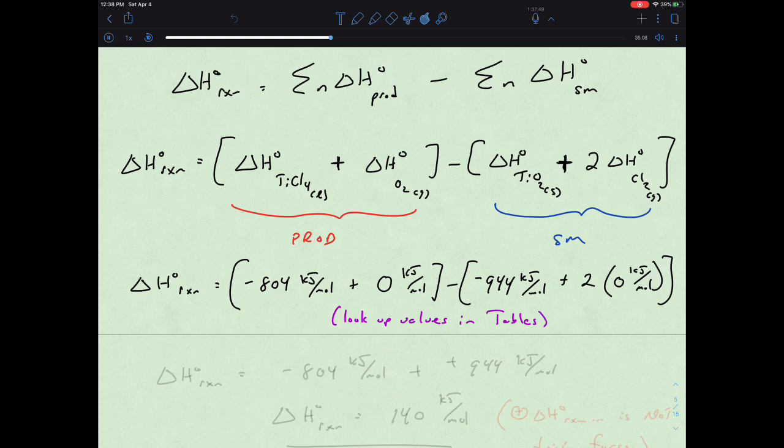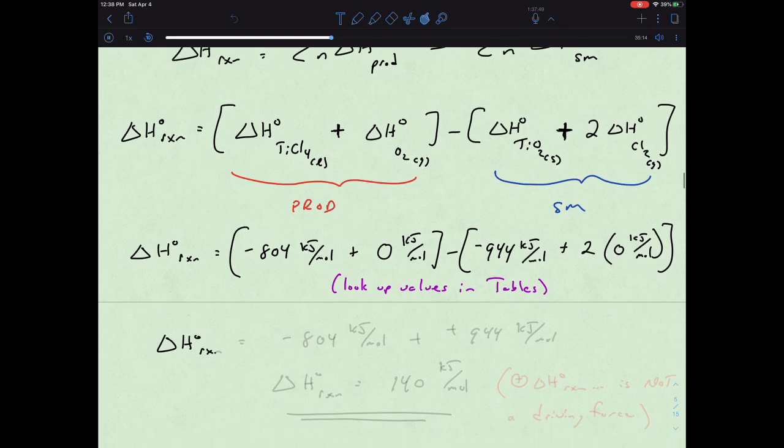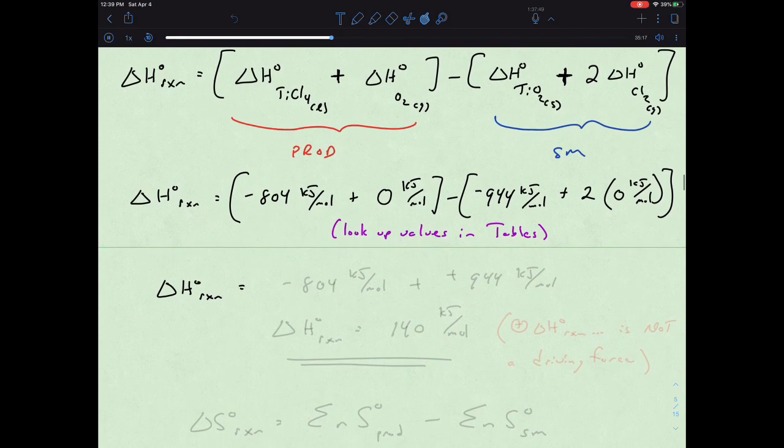As far as looking up these values in the tables, our delta H of the reaction is actually equal to negative 804 kilojoules per mole minus a negative 944 kilojoules per mole.